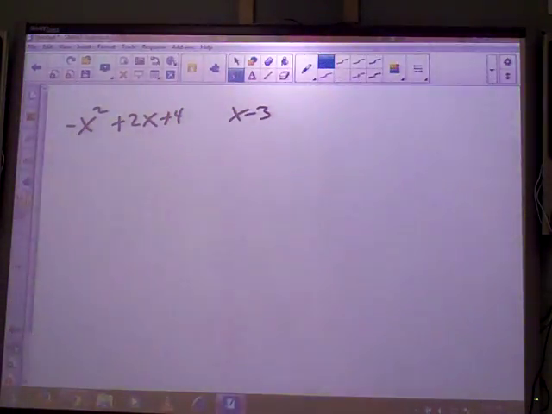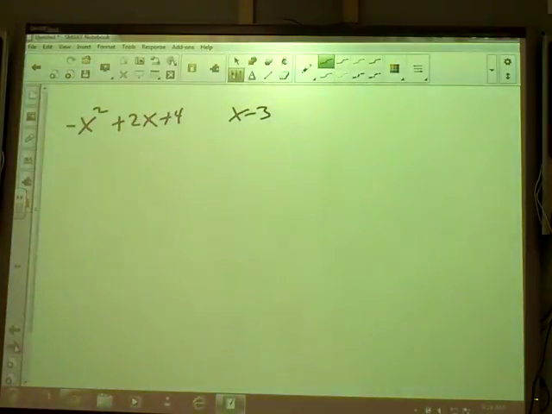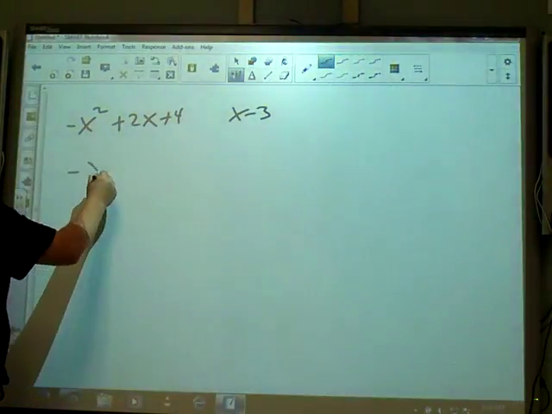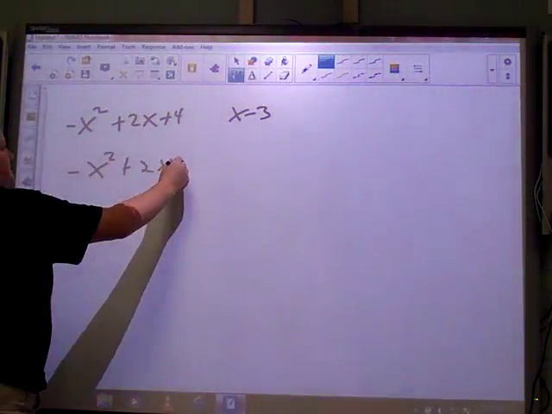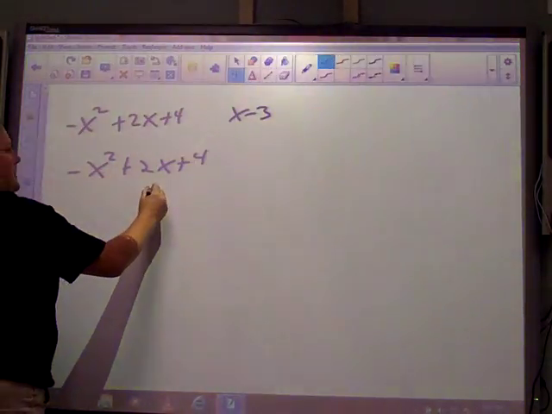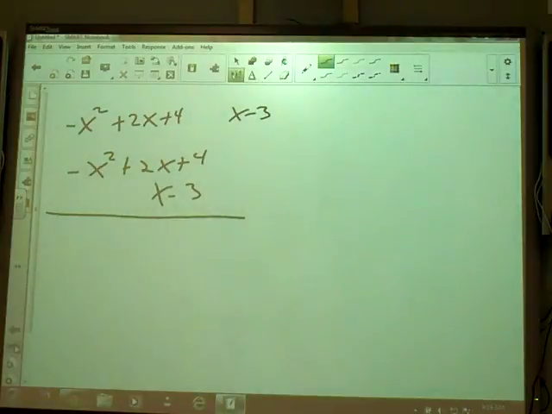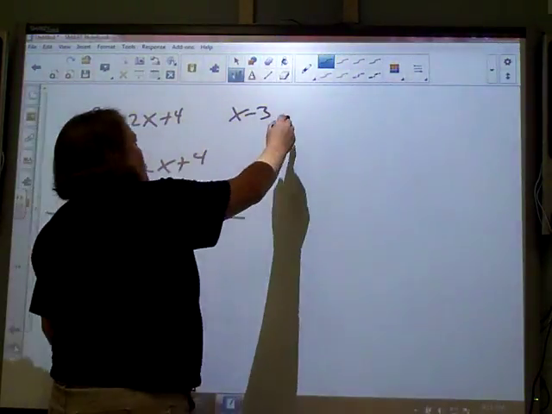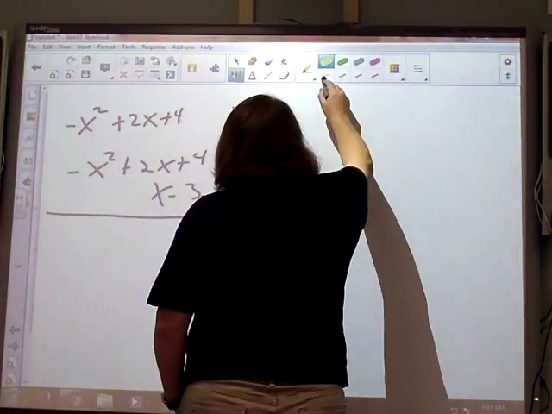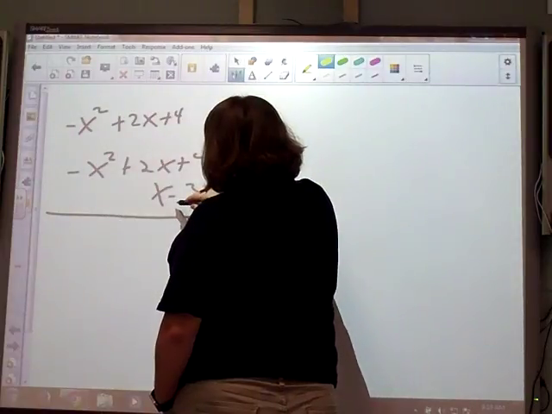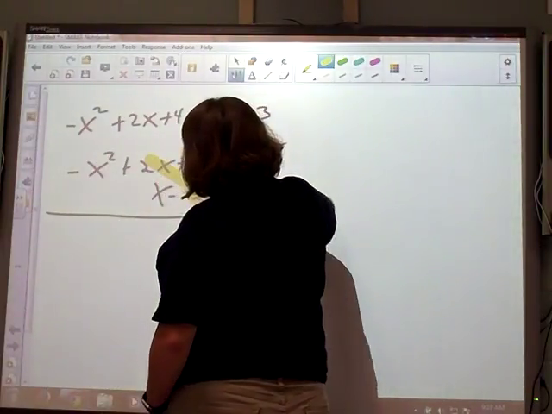Vertical is like you learned to do when you started multiplying by triple digits in middle school. You put the larger one, negative x squared plus 2x plus 4, and then the one underneath it, x minus 3. We're going to take the negative 3 times all of those.